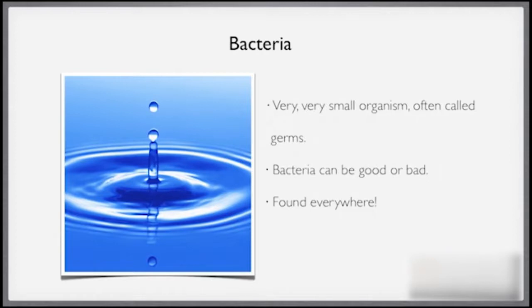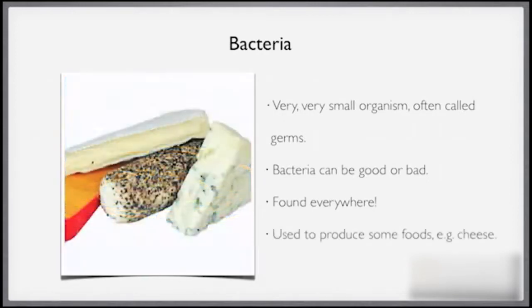We even find bacteria in water, in soil, and in the air that we breathe. Most bacteria are harmless and are very important because they help us to break down decaying matter, and they are also used in the production of some foods, such as yogurt and cheese.